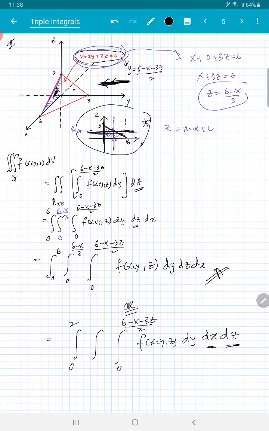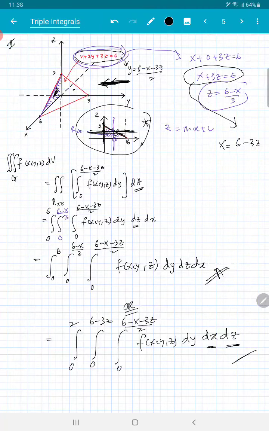You're looking at the right and the left boundary. From this equation, using the plane, letting y be 0 because the line is on the y equals 0 plane, you can get x as a function of z. So x is 6 minus 3z. So x is from 0 to 6 minus 3z.